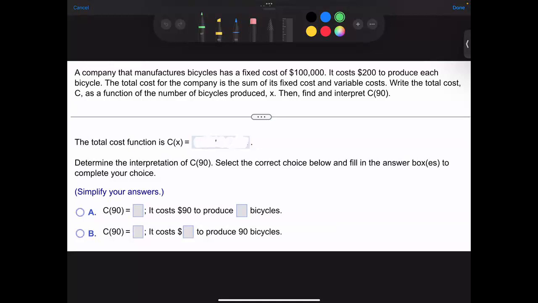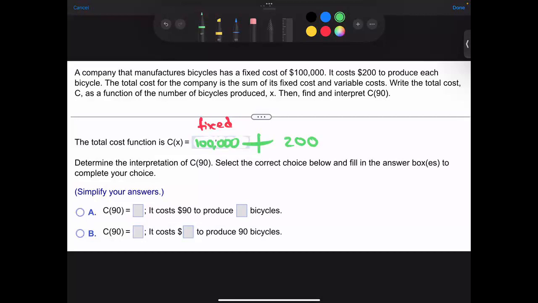It's a sum, so we're definitely adding. The fixed cost, 100,000, plus, because it's the sum, the variable cost, you said 200 times X. It costs $200 to make each one. So if they make 3 of them, that's 200 and 200 and 200.